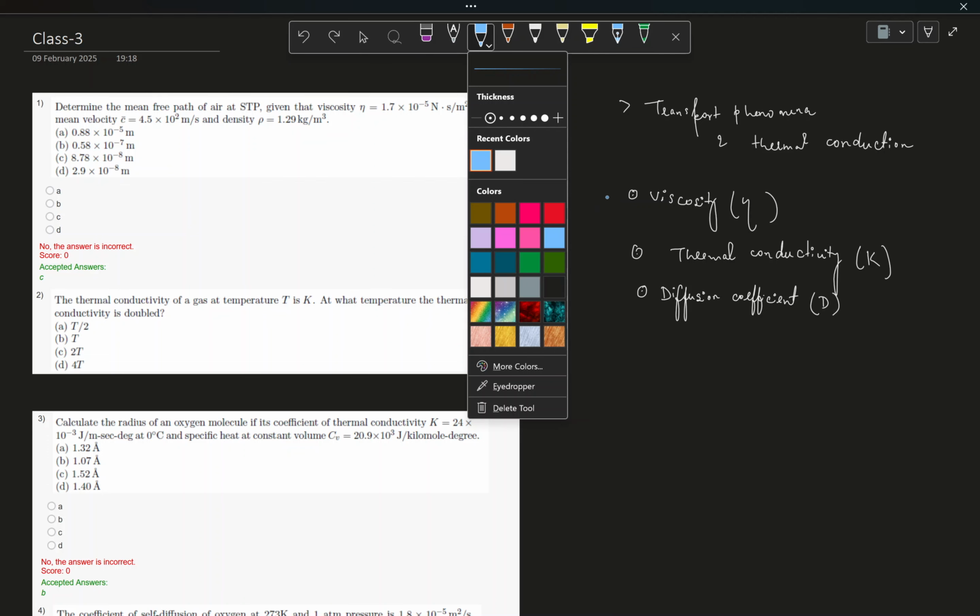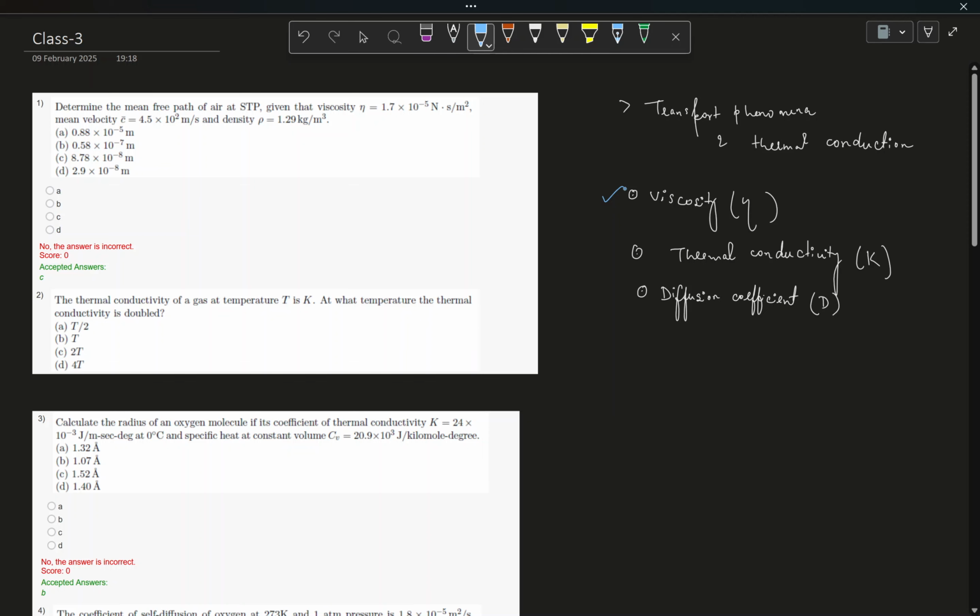So whenever there is a velocity gradient, if you say the velocity is u, so du/dx, say at different positions the velocity is different, then you will have a momentum transfer, which is quantified by this viscosity coefficient eta, right? And then you can say that viscosity is somewhat like the resistance to the flow of a fluid. It is related to the momentum transfer, and it happens because of the velocity gradient present in the system.